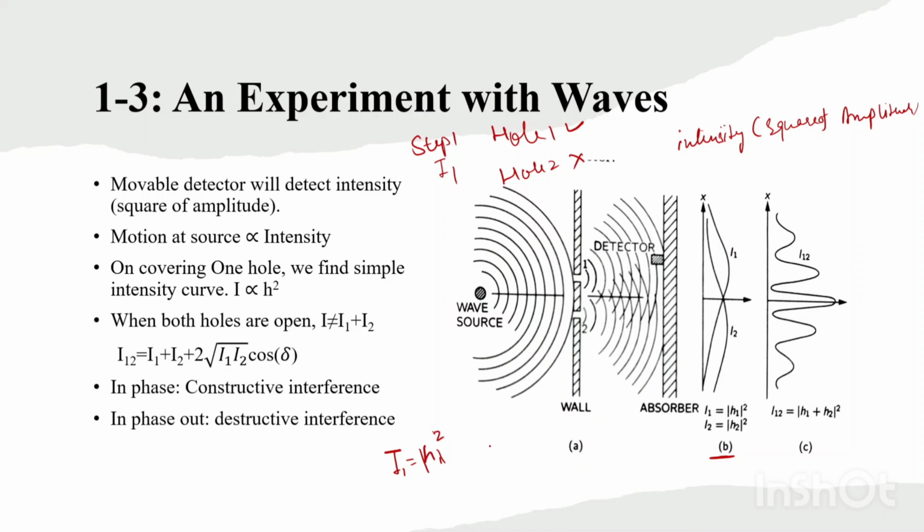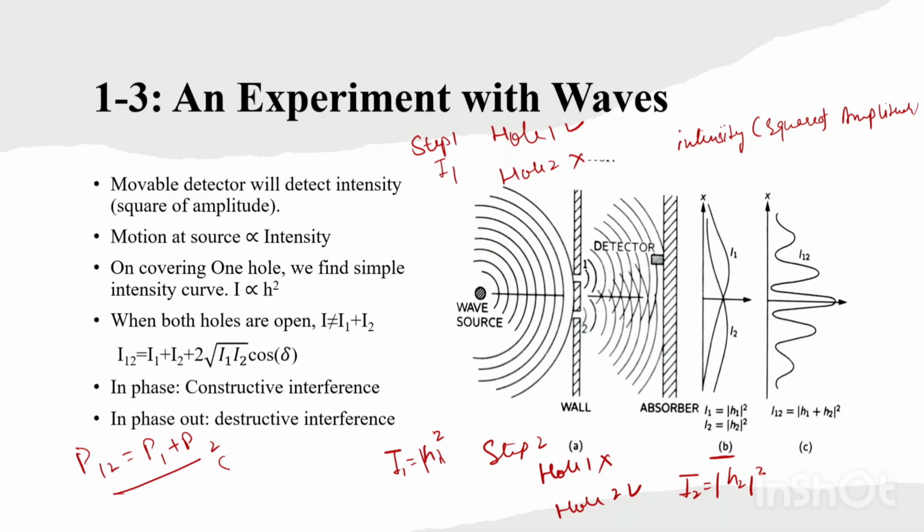Okay, in step 2, you already know. Now we will close hole 1, but hole 2 is open. Now we have the amplitude in terms of h2, so our intensity becomes h2 squared. In the previous case we have seen that P12 is the sum of P1 plus P2.